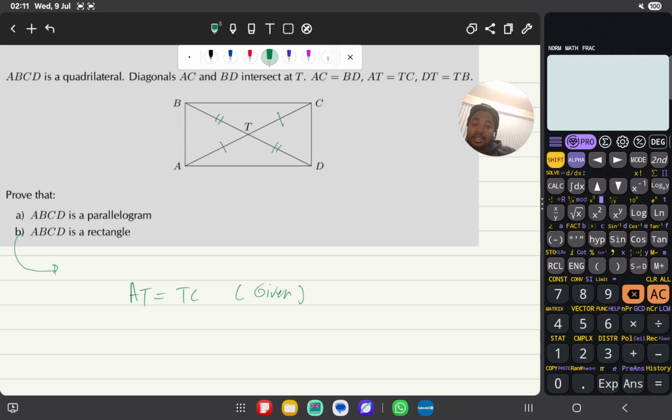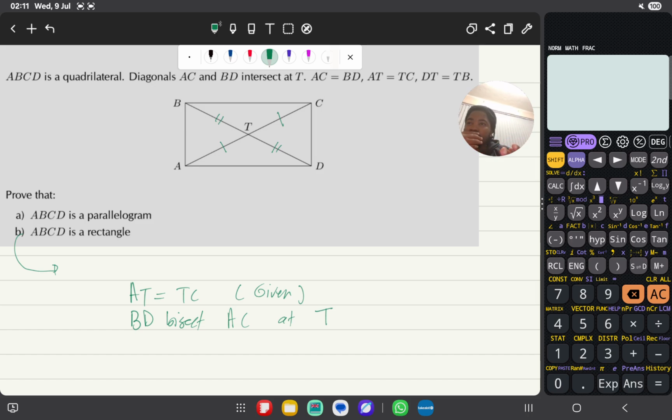At T, right? So BD bisects AC at T, right? I want you to keep on thinking. What do you think the next point is going to be about, right?